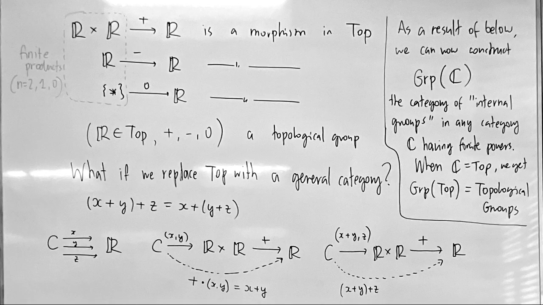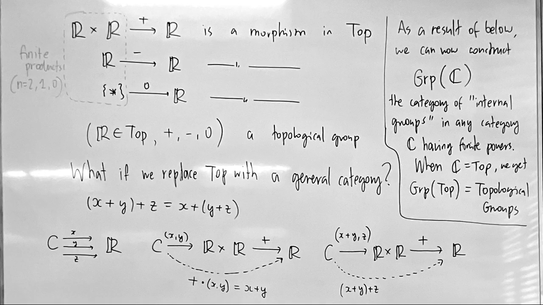And of course, one way to do this is to use generalized elements. And we already developed the theory of generalized elements. So we could take a fixed space C and think of x, y, and z to be arrows from C to R. And then I can start forming these constructions. For if I take R cross R, by the universal property of the product, I'm going to have the pair (x, y), right?